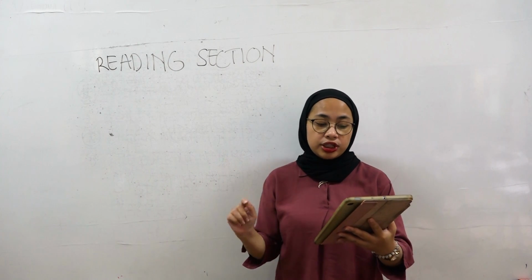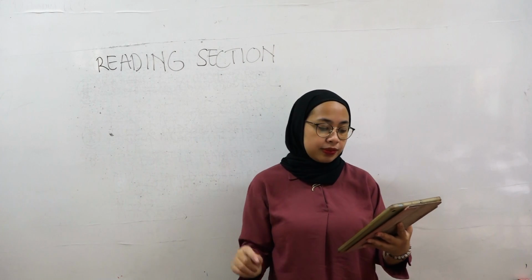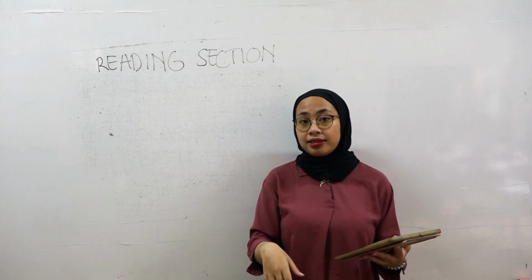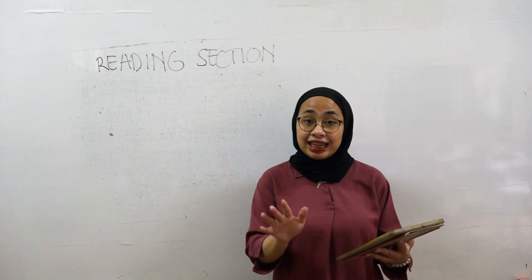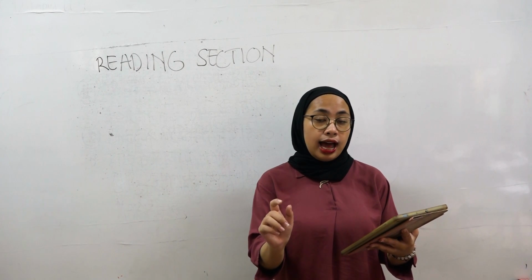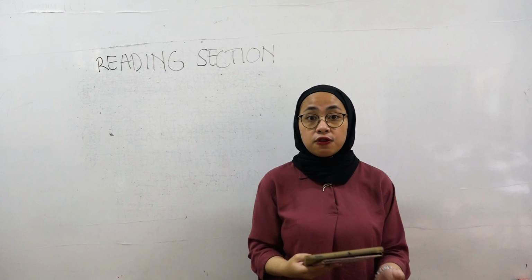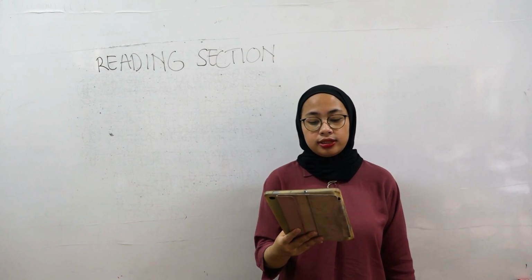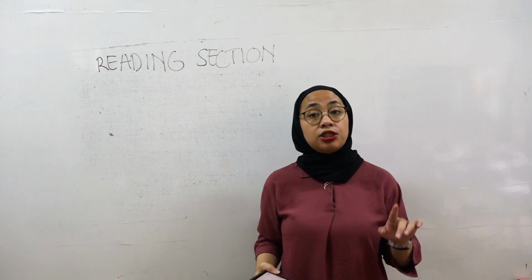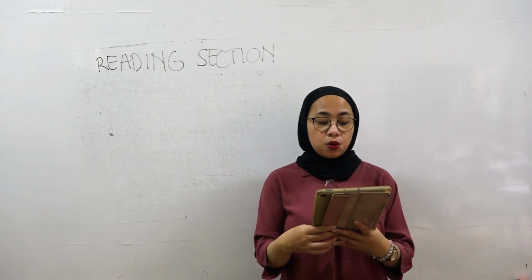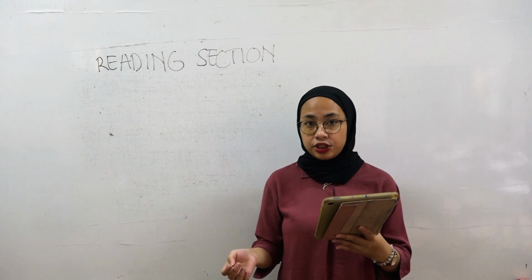Moving on to the question types in reading comprehension. In the reading comprehension section, there are 5 or 6 passages in total, and each passage has 400 to 500 words. Each passage is followed by 8 to 12 questions. Okay, so there are 50 questions in the reading comprehension section.